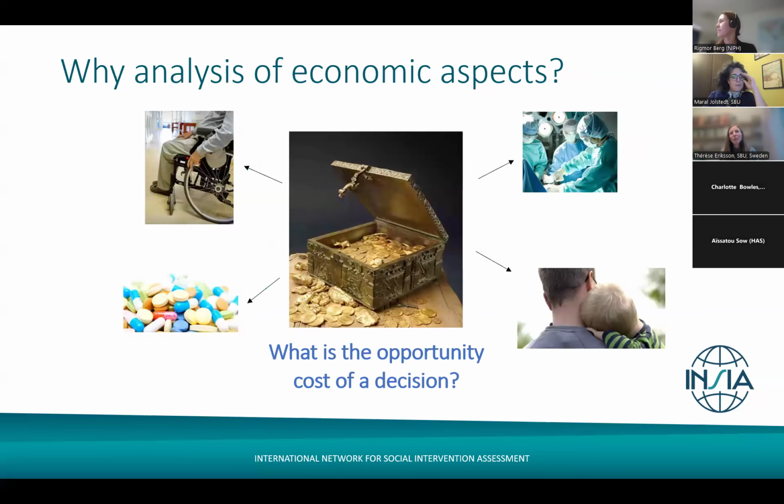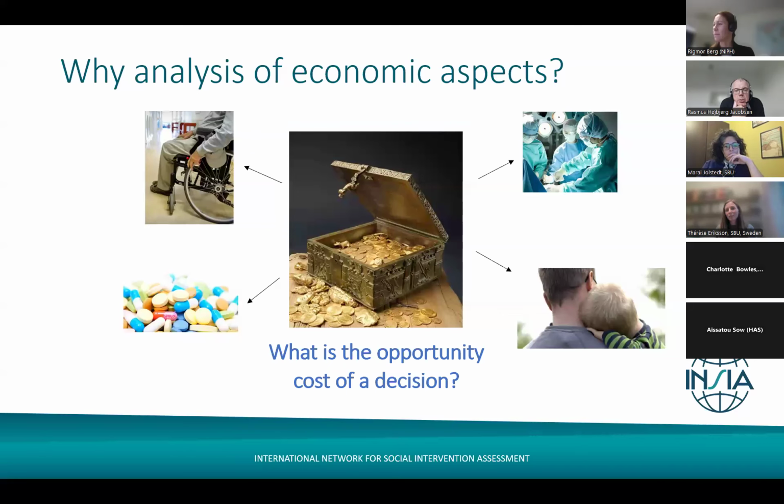So why do we need to analyze economic aspects? We don't have an endless amount of resources. We only have specific resources that we need to distribute. Usually the demand for services is higher than what we can afford, so we need to prioritize what interventions we should pay for and what we should not.